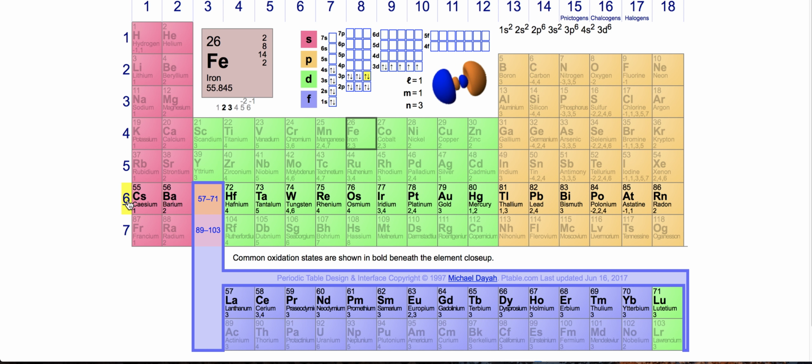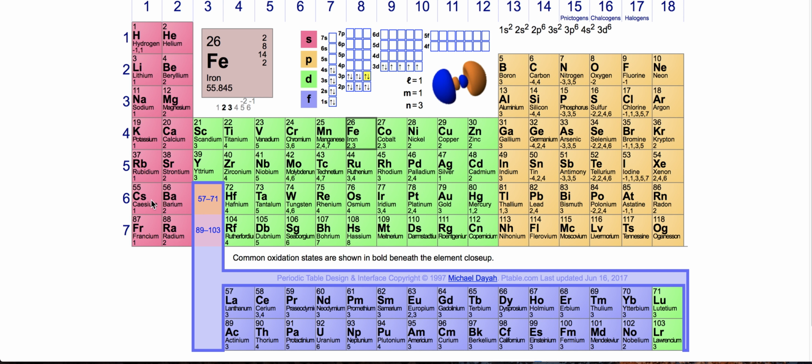The energy level of the f orbitals lagged 2 behind the period number, so that was 6s2, 4f1, 2. Although these f orbitals sometimes screw things up.